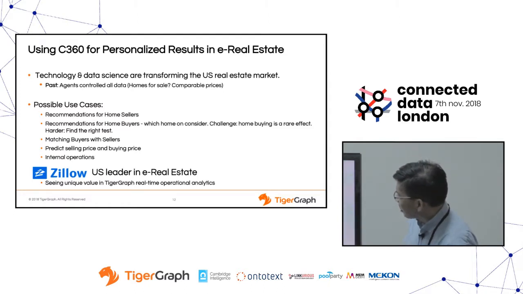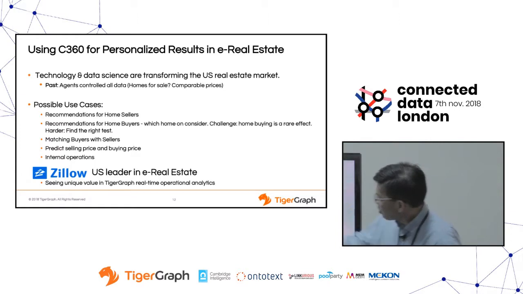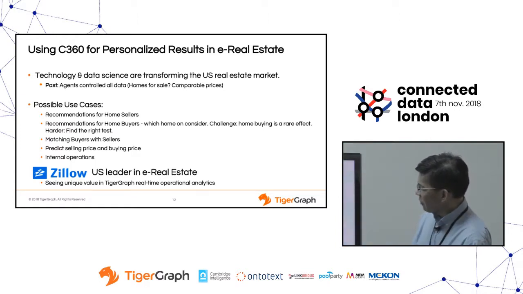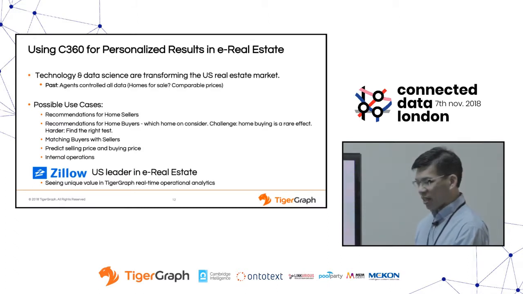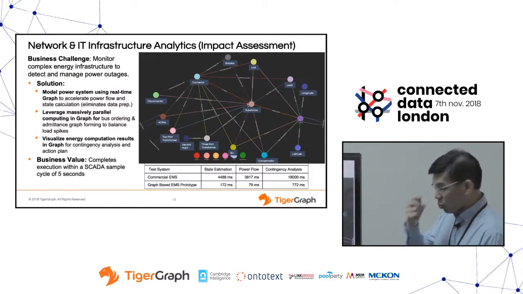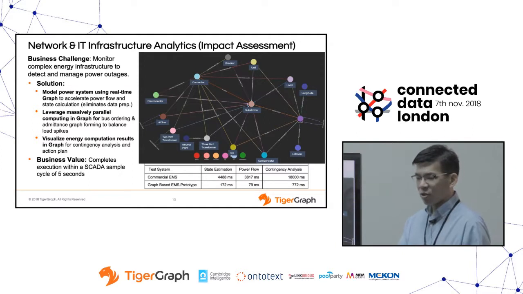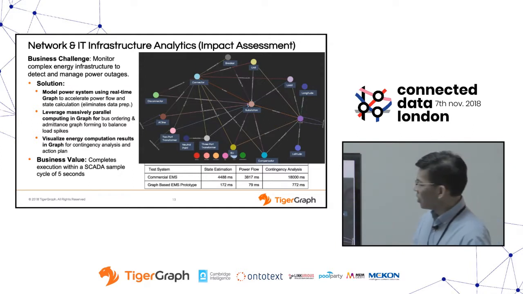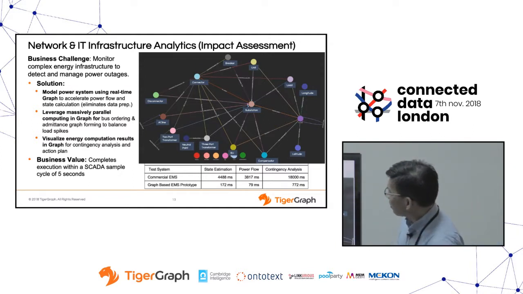I'm not going to have time to go into the detail, but you can quickly see some of the possible things you can do with graph analytics. What used to be a lot of human transactions, with agents having exclusive access to the data, is changing. The data is now becoming much more public, and they're bringing tools to help regular consumers and real estate sellers leverage that to their benefit.